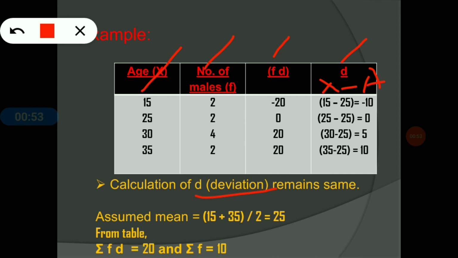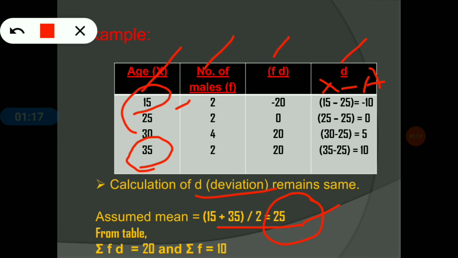The formula of the assumed mean is maximum plus minimum divided by 2. Here the maximum value is 35 and the minimum value is 15. So, 15 plus 35 divided by 2, that means 50 by 2, which equals 25. So, A is 25.